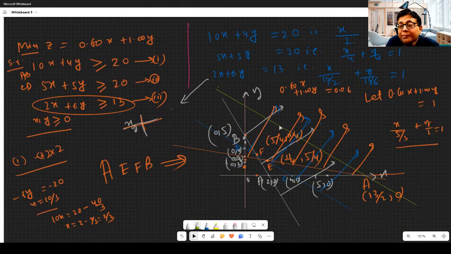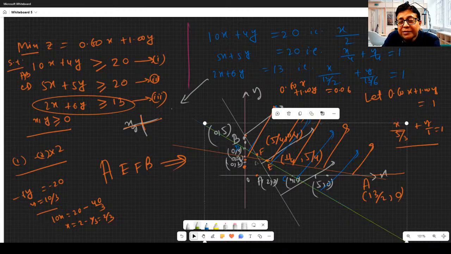So what have you done? You have taken the arbitrary value 0.06, plotted it; you can take any value, then move it parallel to itself. It's going this way, this way. At the end, it is intersecting at a point which you all can see coincides with E. Okay, F is not that point. It is intersecting at E. E is closest to the origin.